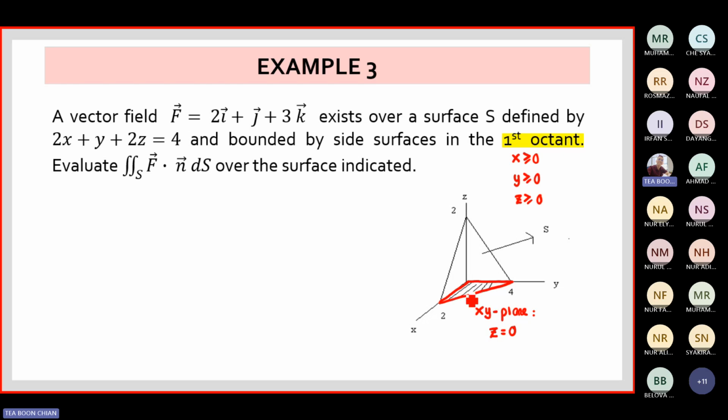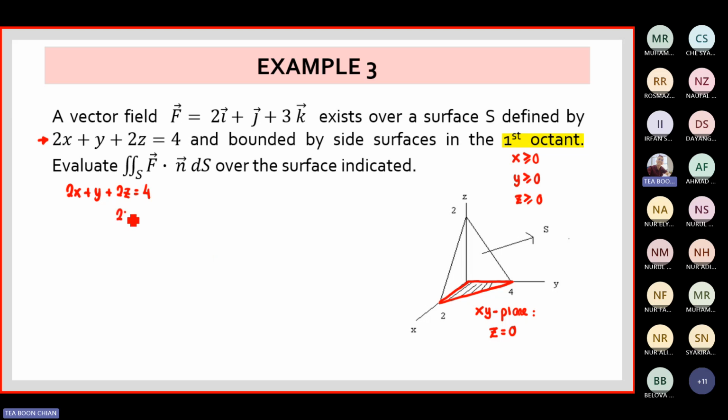Now, we denoted that this little shaded triangle region lies on the XY plane. It has the equation z equals to 0. Therefore, the flux acting in opposite of z equals to 0 must come from another equation derived from here. So here we have 2x plus y plus 2z equals to 4. z equals to 0 is the first z equation.